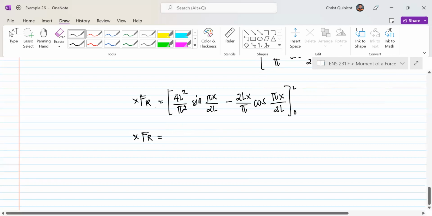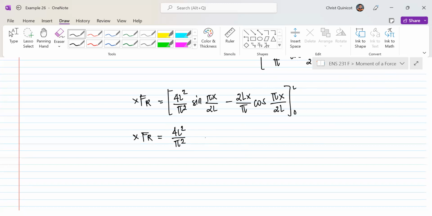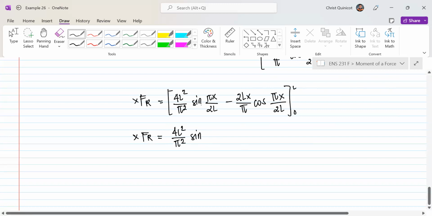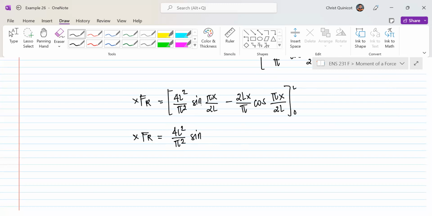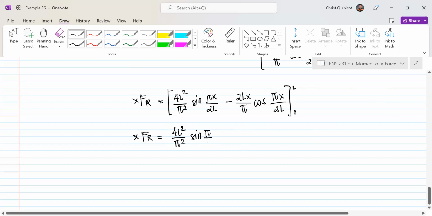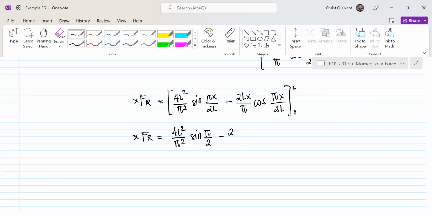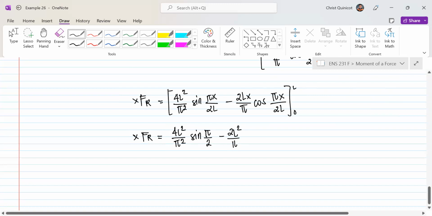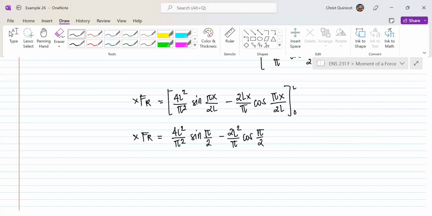x times f sub r is equal to, we have 4L squared over pi squared sine pi when x is L, so that's L over L, L pi over 2L, cancel L, so that's sine pi minus 2L x, so that's 2L squared over pi times cosine pi over 2 again, parentheses, minus 4L squared over pi squared.